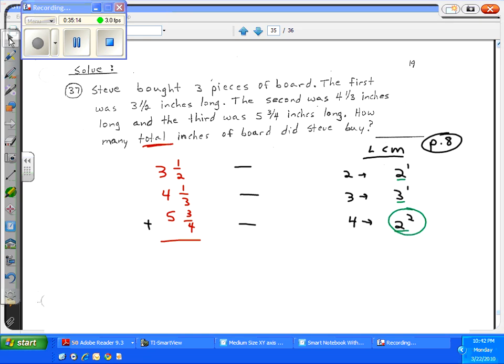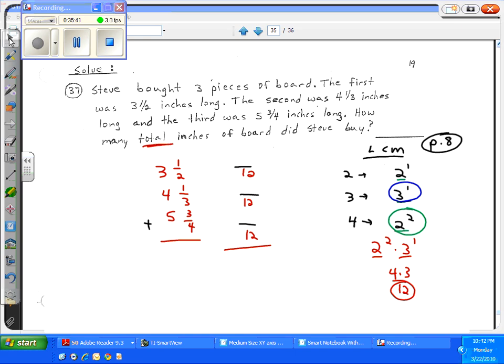The largest power of 2 was 2 squared. The largest power of 3 is 3 to the first. You take the largest power of each prime involved and multiply. So we would have 2 to the second times 3 to the first, which is 4 times 3 is 12. And so the common denominator between 2, 3, and 4 would be 12.